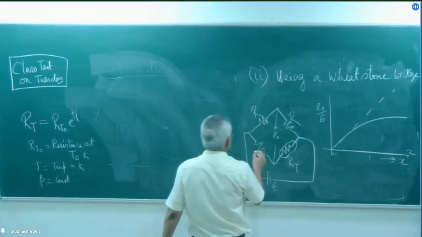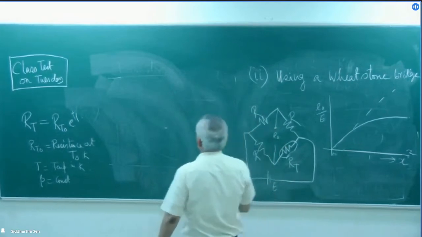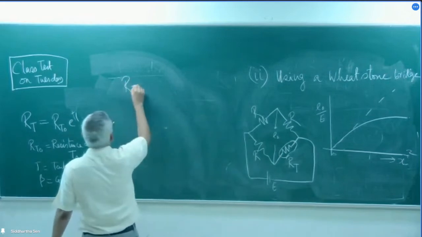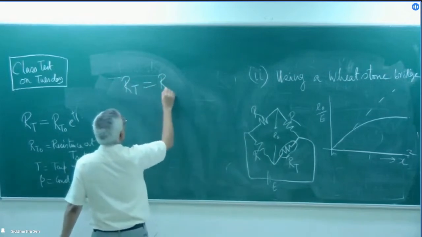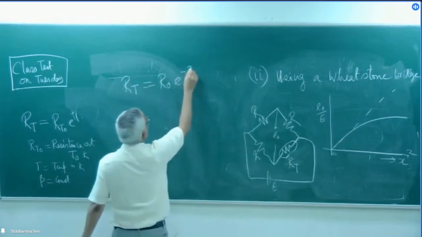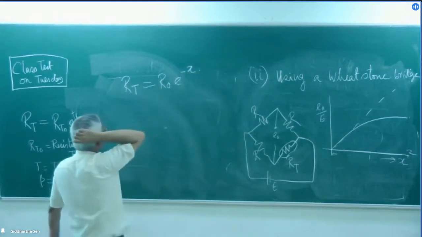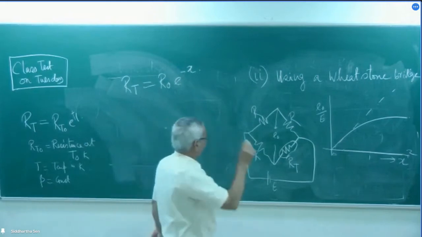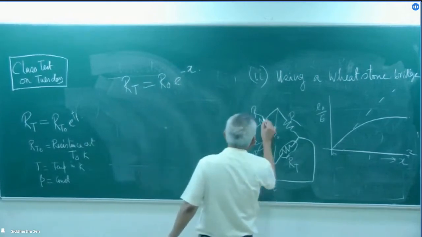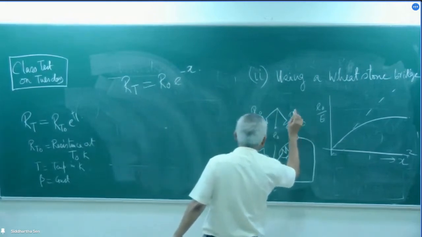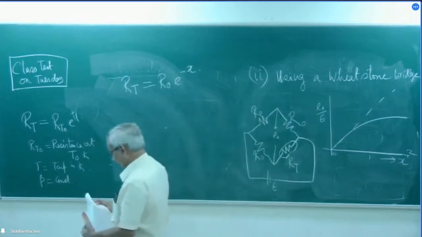And I just put RT as R0 e to the power minus x, instead of writing T0 again. And let all of them be R0, R0, like this.